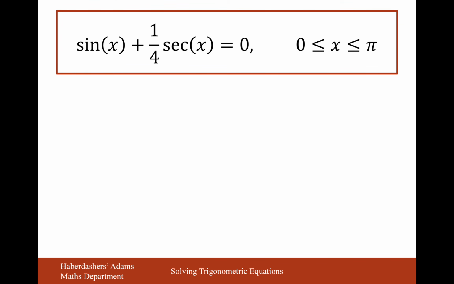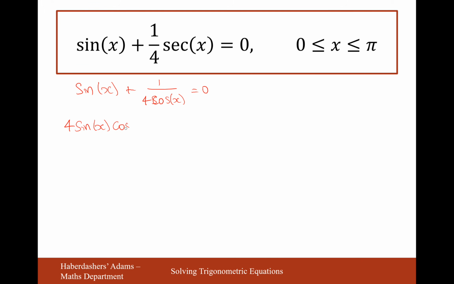Let's move on to the next one, and this is going to be a very similar one, I reckon. So it's going to be write it as sines and coses first, 1 over 4 cos x. Move it on to the other side and times by 4 cos x.